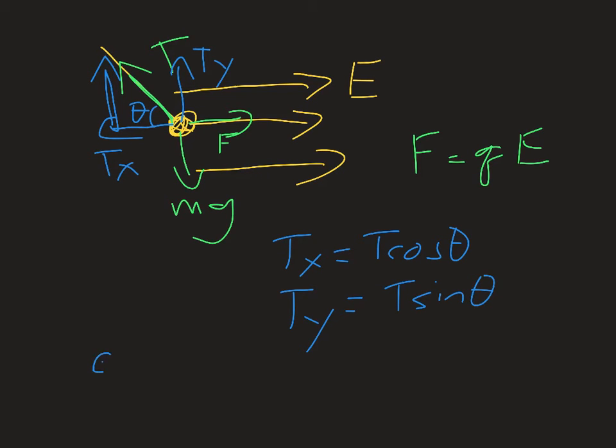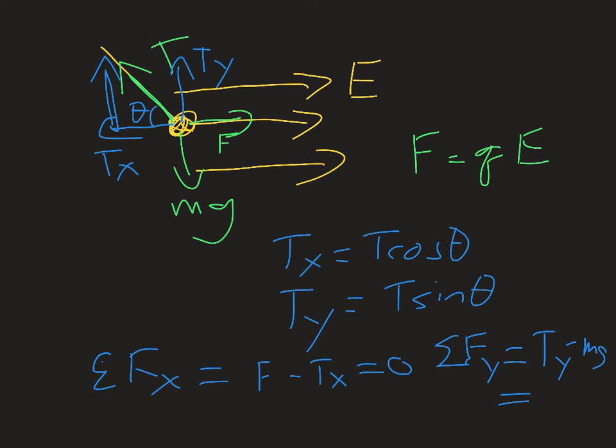The sum of the forces in the x direction would be F minus Tx equal to 0, and the sum of the forces in the y direction would be Ty minus mg, also equal to 0, and then we could solve for whatever's unknown in the problem. But those kinds of problems are perfectly fair game.